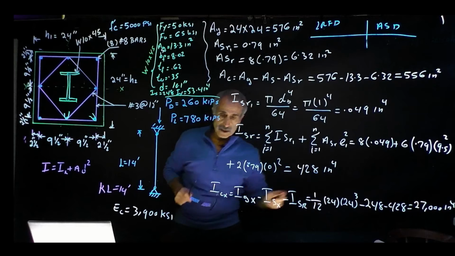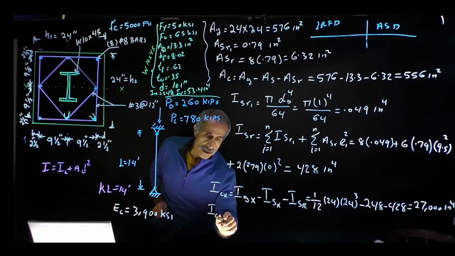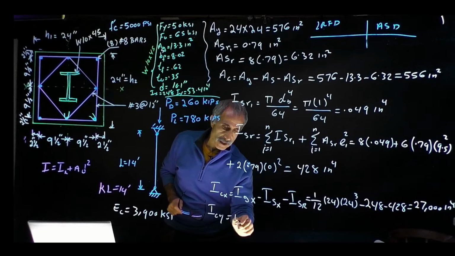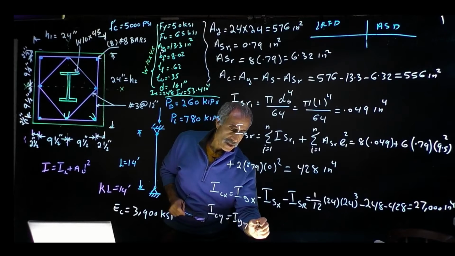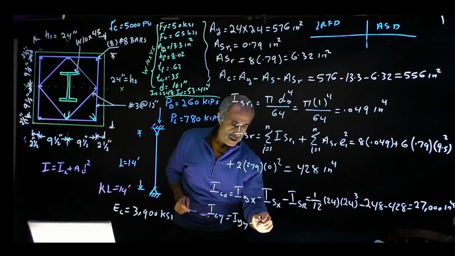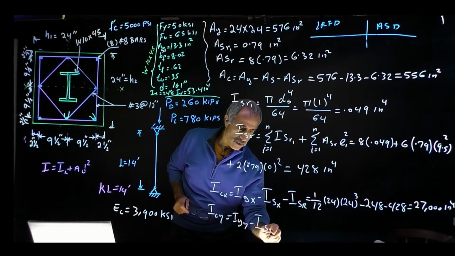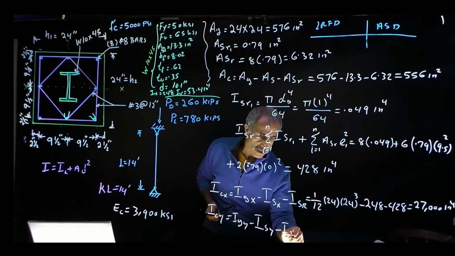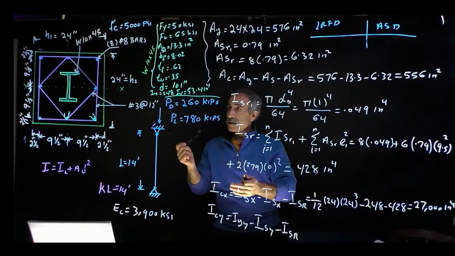And let's calculate the ICY also, which is basically the same formula. IGY is the same number, minus I of SY, which was different, 53, and minus ISR, which is the same thing because it's symmetric.